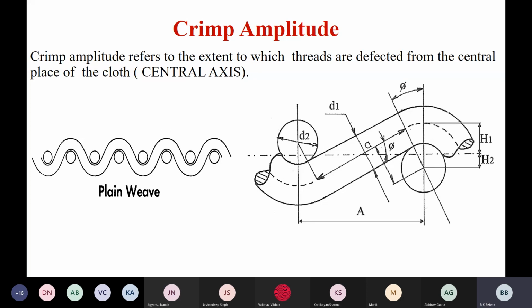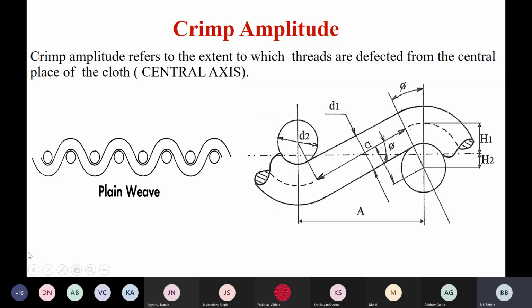That is called compression modulus, compression energy. And after deloading, when the load is removed, we also see how quickly it recovers to its original position. That is compression recovery, that is resilience. So crimp is another key parameter of a fabric which will decide the compressibility of a cloth.